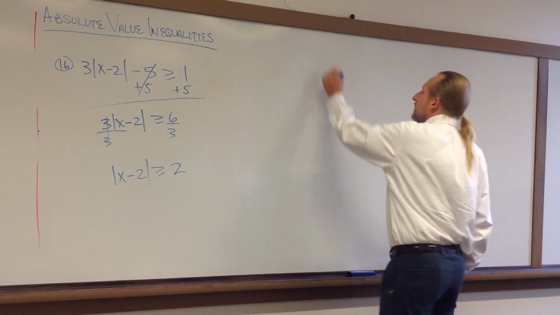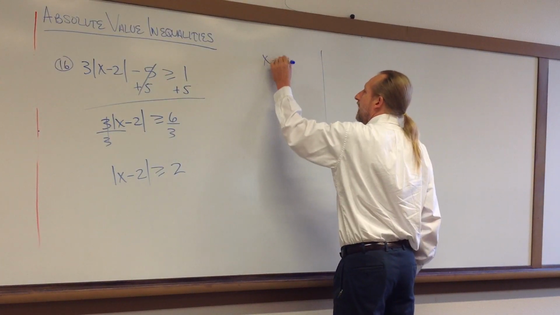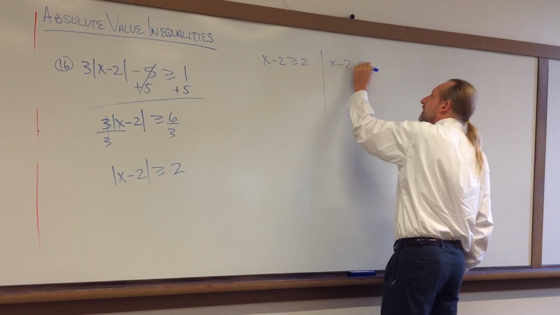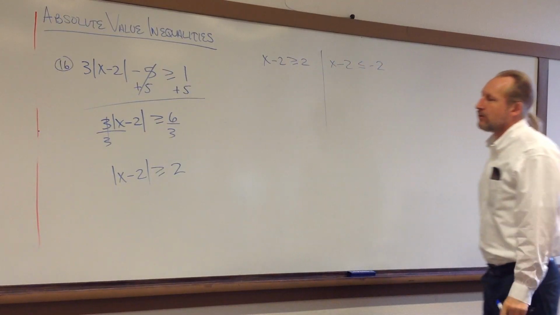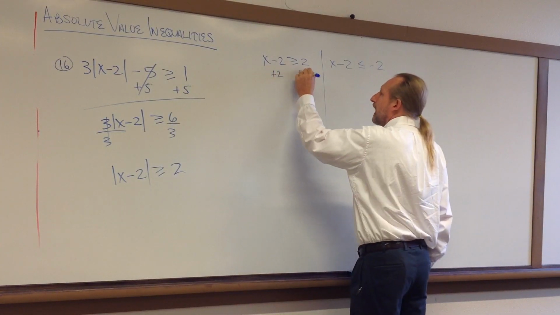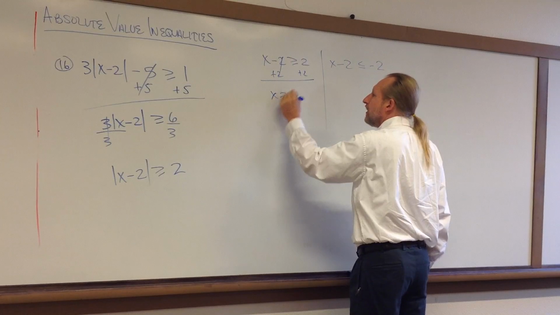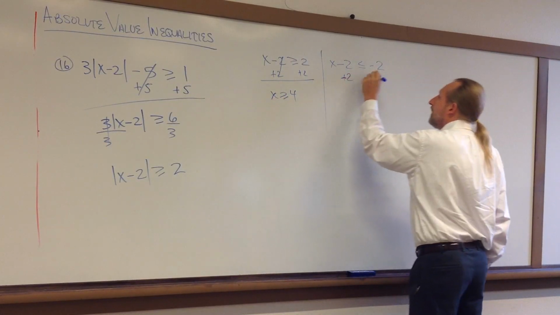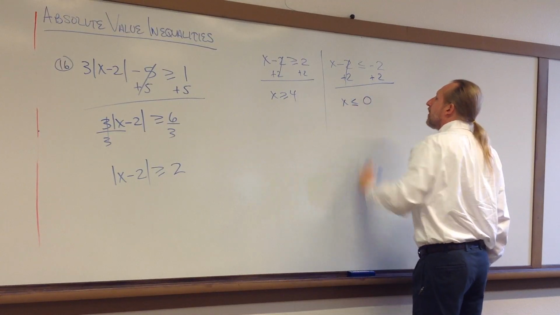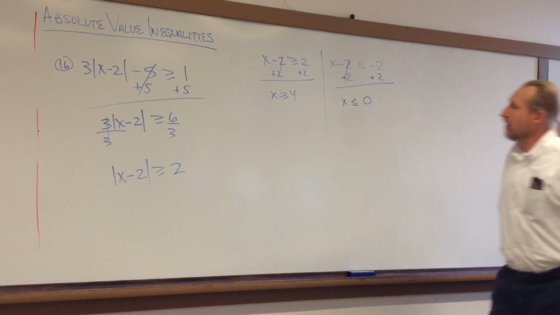So now we want to split it into 2 pieces. X minus 2 greater than or equal to 2, or x minus 2 less than or equal to negative 2. And in both cases, we'll add 2 to both sides, which will give us x greater than or equal to 4, or x less than or equal to 0.